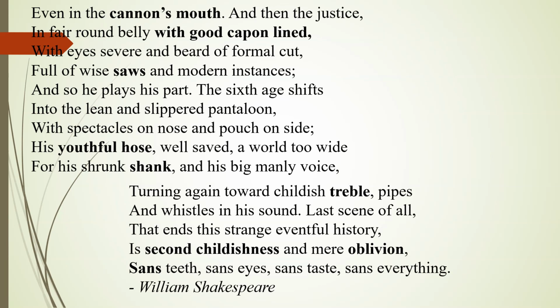We are performing all these 7 roles in our life. So this world is a stage and we are the actors. We are performing these 7 different roles in our life. I hope that everybody is clear with the poem. Question answers of this poem I will discuss in my next video.